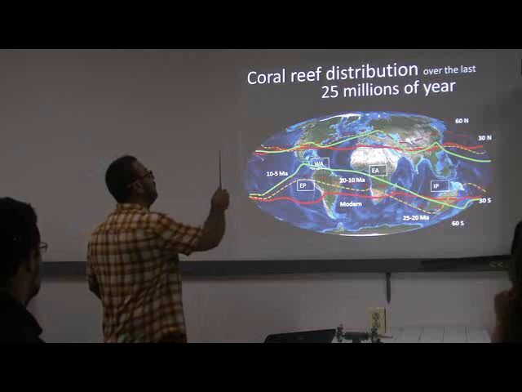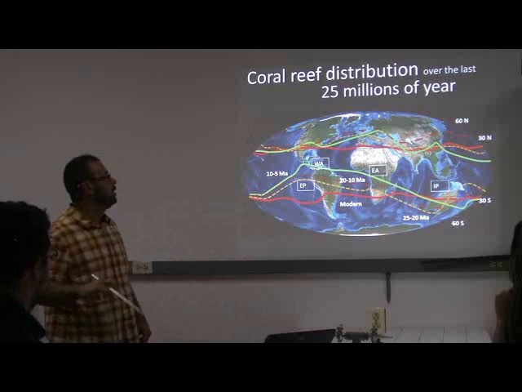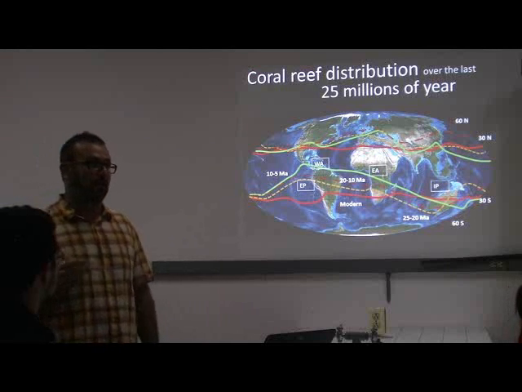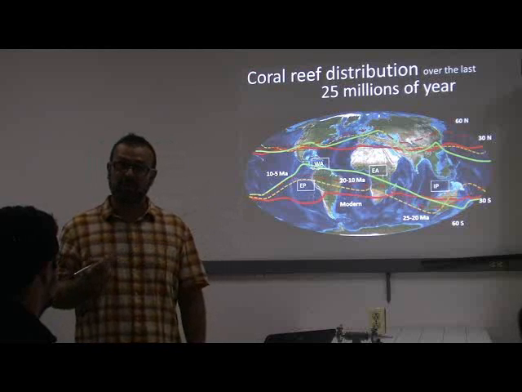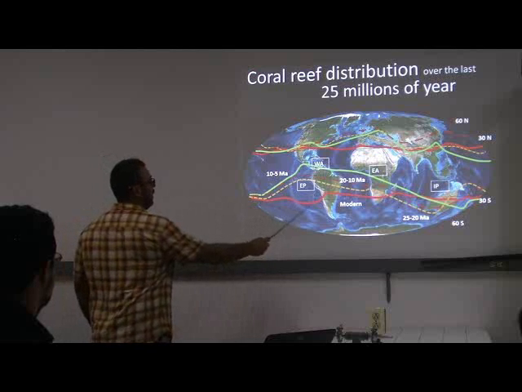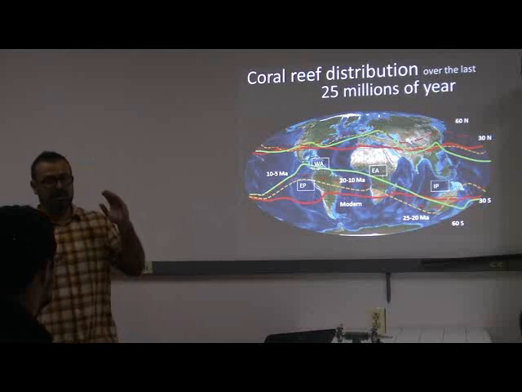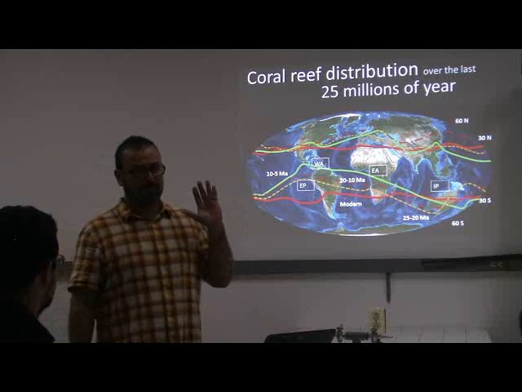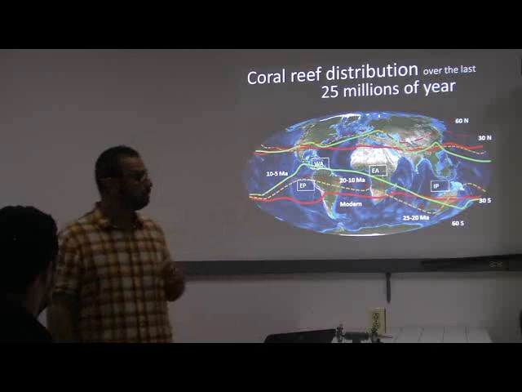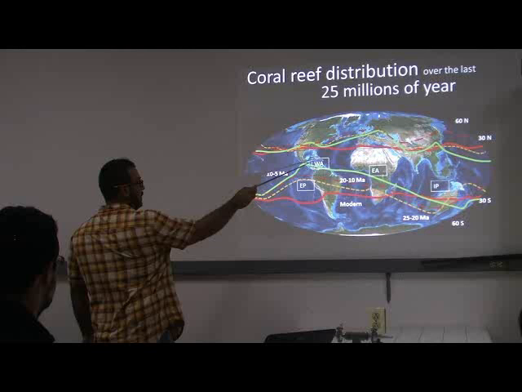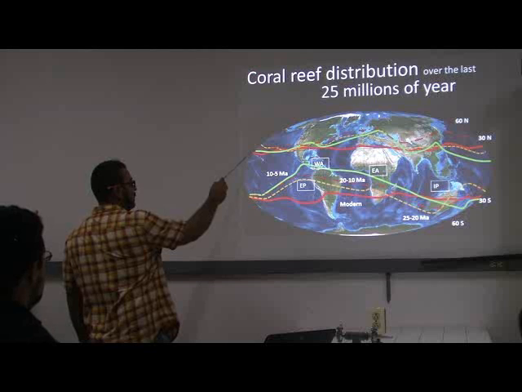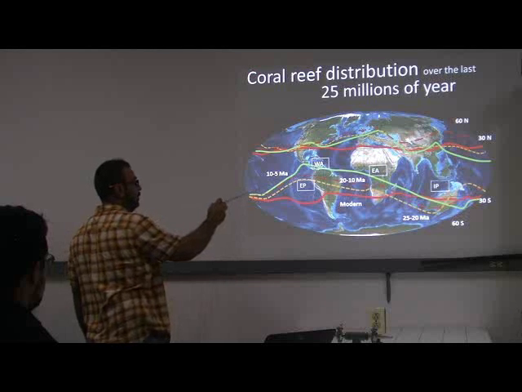So if we look into the distribution of biogenic reef over the past 25 million years, it is clear that not only their composition but also their distribution have changed. The solid red line here represents the present distribution of coral reef. As you can see, they are distributed between 30 degrees of latitude north and south.